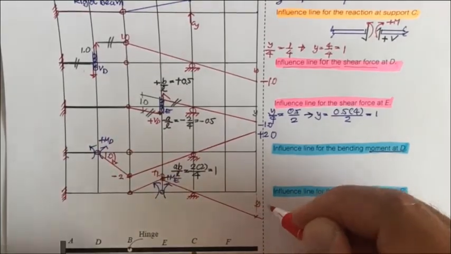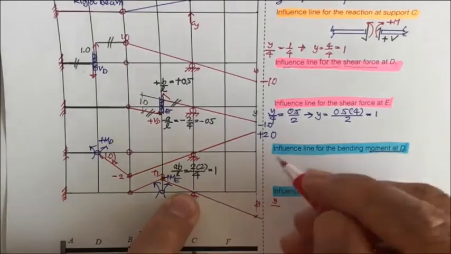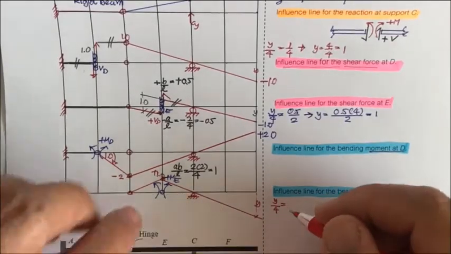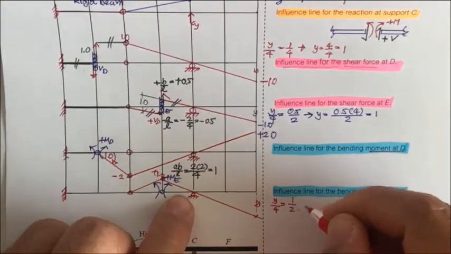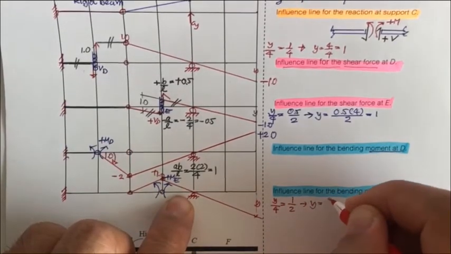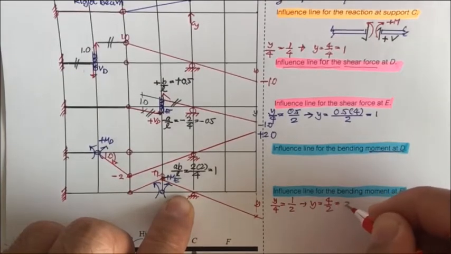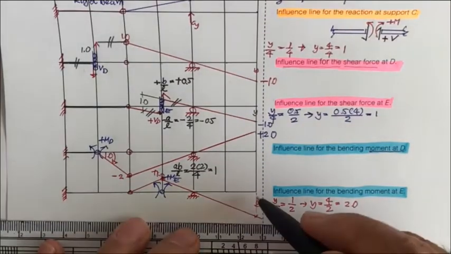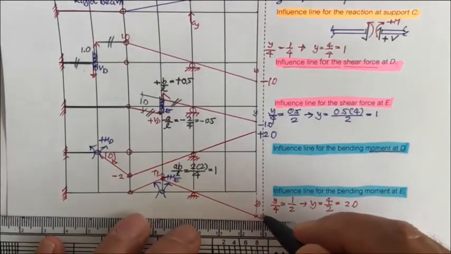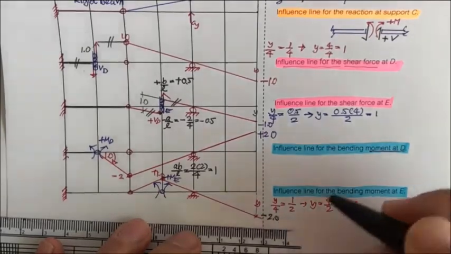Okay, y, and then y divided by 2 plus 2, 4 equal to, this one is 1 divided by 2, so we have y equal to 4 divided by 2, and then it's going to be 2.0. And since it's in the lower area, it's going to be minus 2.0.